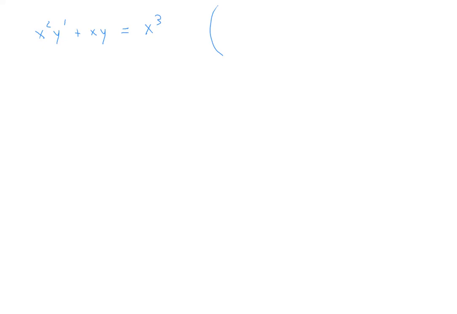So you should try to see if you isolate the part that has the y prime, if what you get on the other side can be factorized as a quantity in x times a quantity in y. So what do you think? Can I factorize what I have on the right as a quantity in x times a quantity in y?